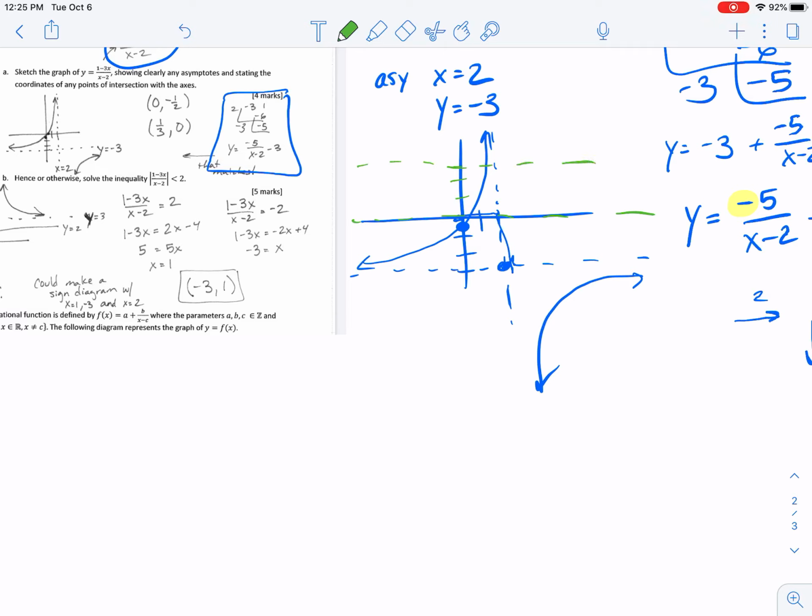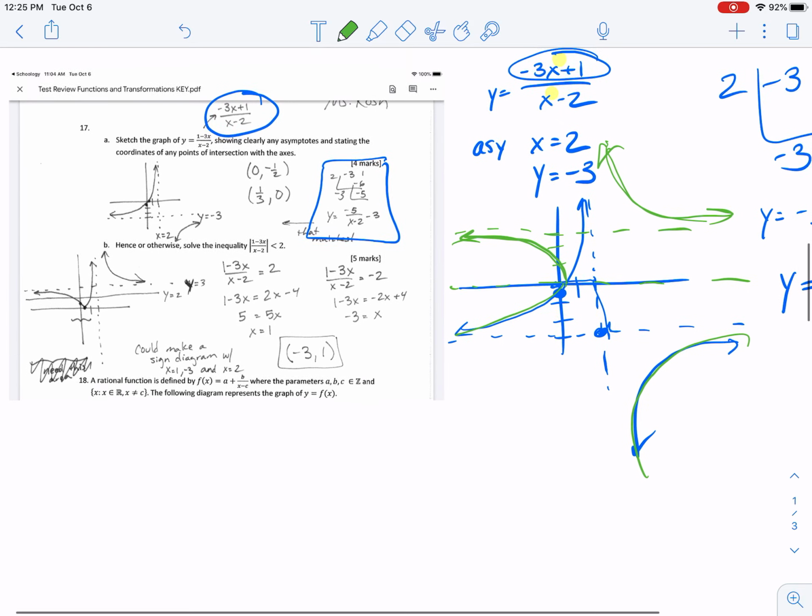So here's that new asymptote, and from this point it starts doing that sort of thing. This piece right here has been reflected to be that piece. This right here has to reflect up. This piece here reflects up to be that, and that's how we get that graph.